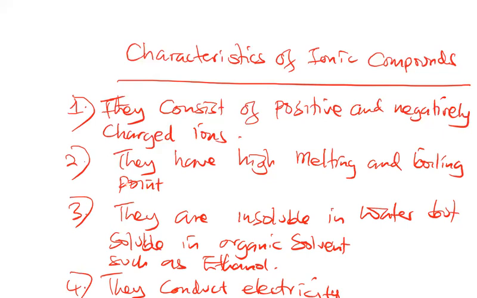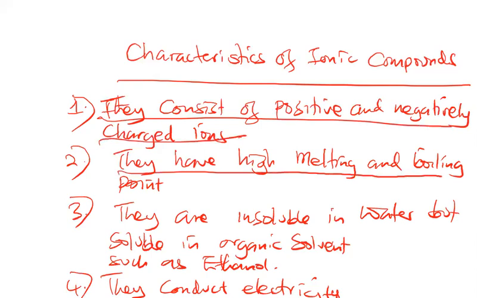characteristics of ionic compounds. They consist of positive and negatively charged ions. And then they have high melting and high boiling point. At times, in the final exam, they'll ask you why, okay? Why is it that ionic compounds have high melting and high boiling point?